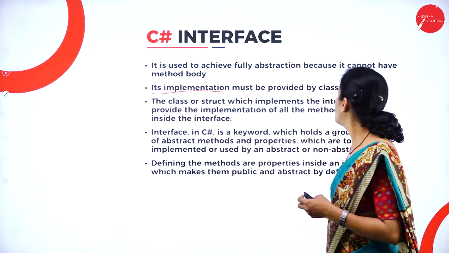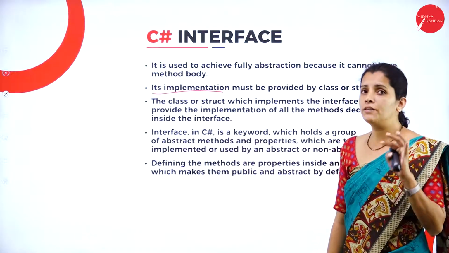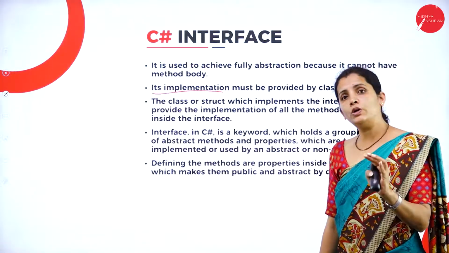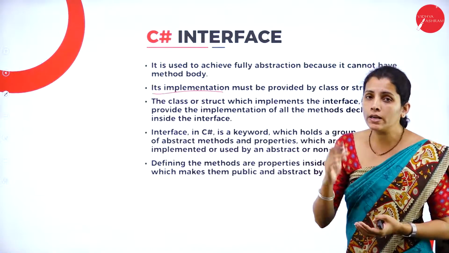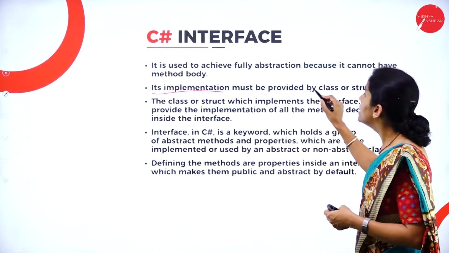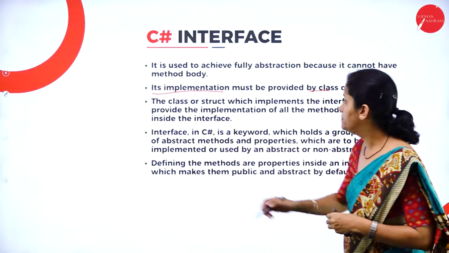Implementation must be provided by the class or structure. So an interface is nothing but abstract methods. That means I am going to define the abstract method, and where I am going to write the implementation is in the derived class or some other class.